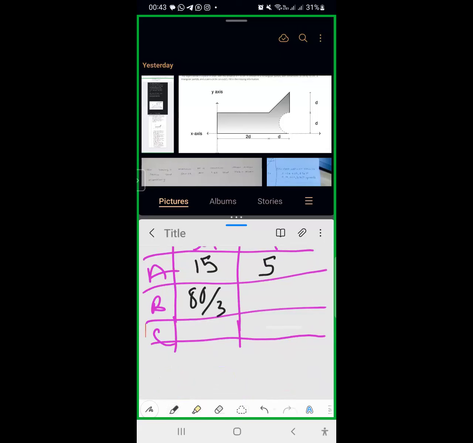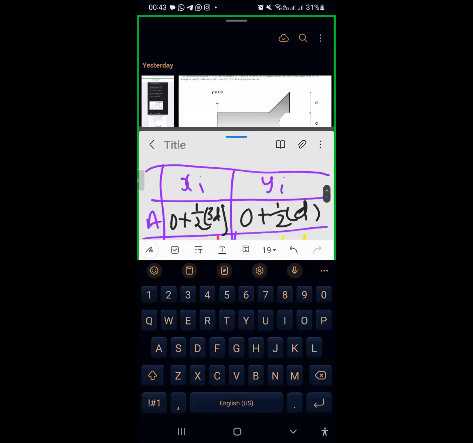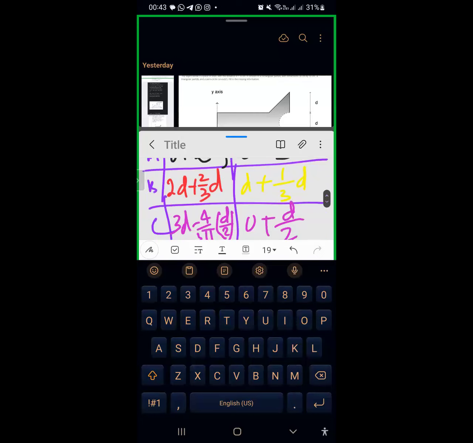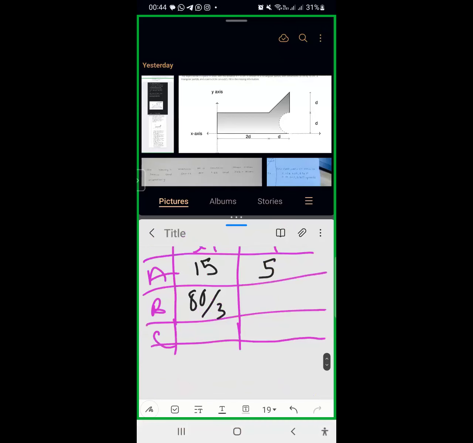And then the corresponding Y is D, which is 10, plus 1 over 3 into D, which is 10. And that is 40 over 3 centimeter.